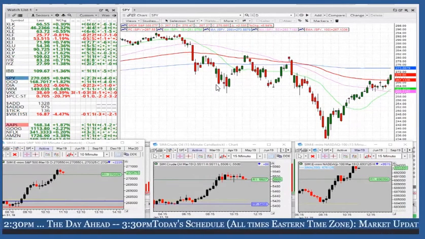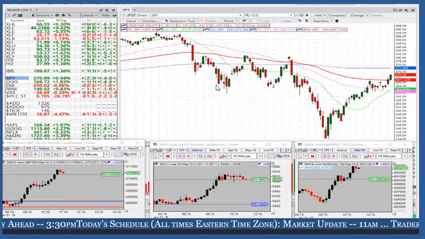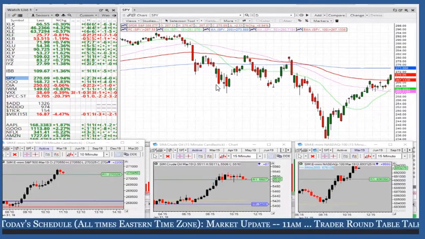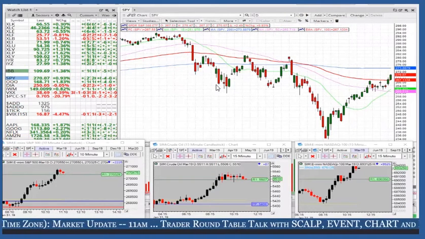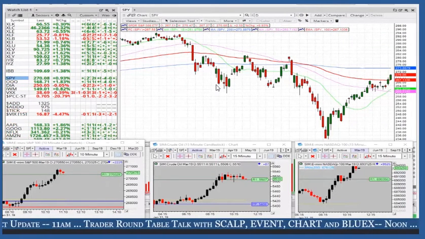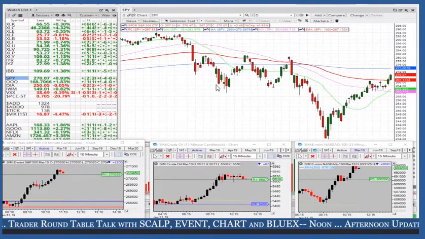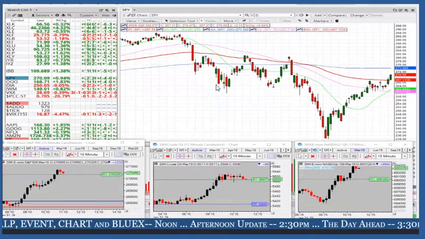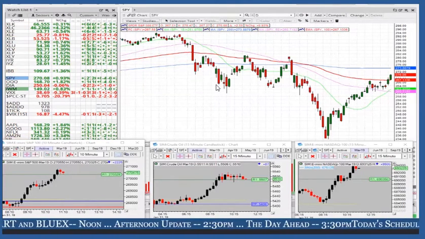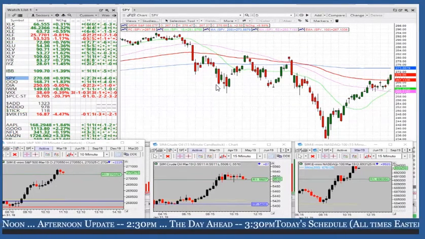I said I wanted to see 2710 as my target for thinking that we'd see the panic-of-missing-out process unfold in that rally off the Fed. But honestly, what we're seeing from Trump so far this morning has made it very difficult for me to want to fade. I would much prefer fading following a pop, following the announcement of something. We just got something else from Trump saying, I'm doing historic things for U.S. manufacturing.